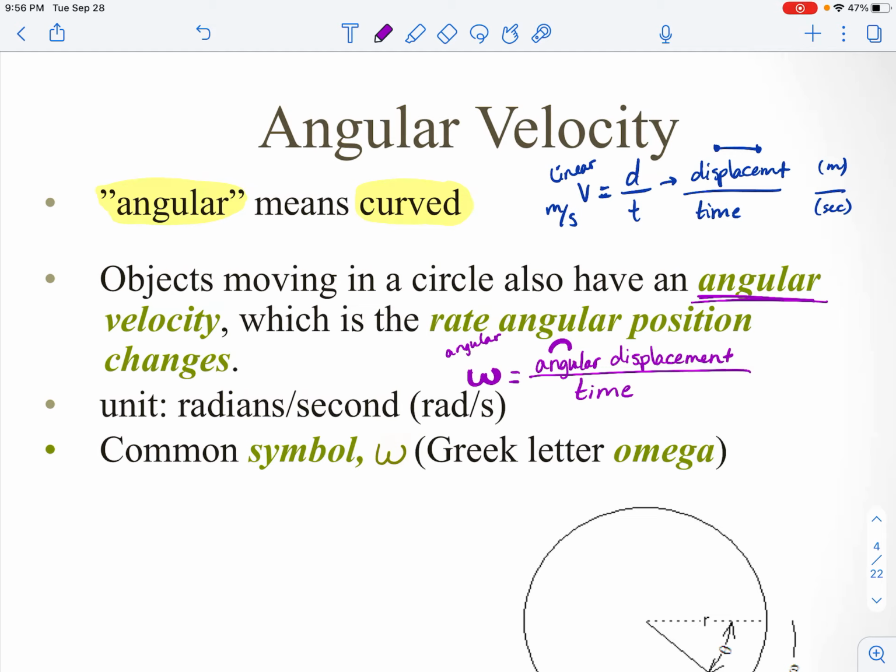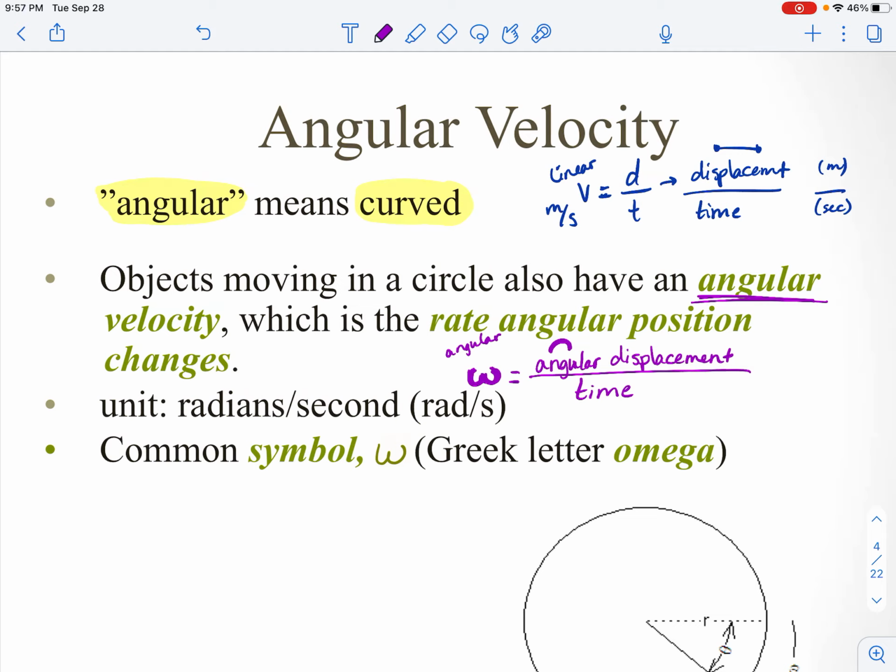Think of it as straight lines make the letter V for our straight lined linear velocity. So V equals d over t. That's a straight line V. So that's straight line linear velocity. We have curves here that make up our symbol omega. So our curved velocity is going to have the curvy symbol, okay? I know that's a little corny, but hopefully that will help you understand.